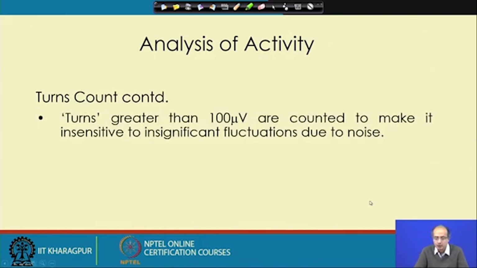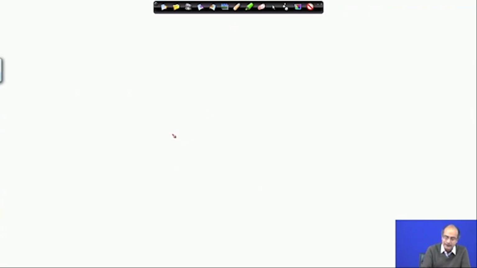Now, here one problem comes in the way. Whenever we think of a signal, let us take a slowly varying signal that we are looking at. We have taken here a sinusoid. Now, if we have white noise or power frequency noise along with that, it will come riding on this signal.